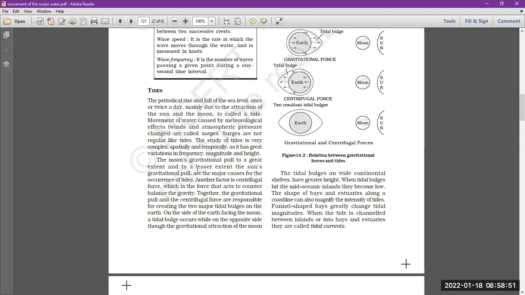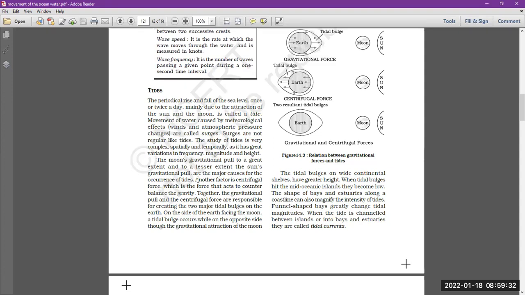The distance between moon and earth is less than the distance between sun and earth, so the gravitational pull of the moon is higher than the gravitational pull of the sun. So these both are the major forces for the occurrence of tide, because tide, we already discussed, is the vertical movement of the oceanic water, and tide is the periodical rise of the sea level.